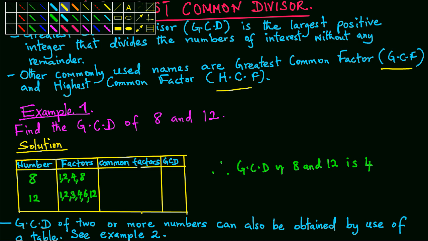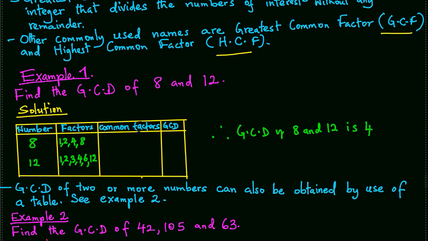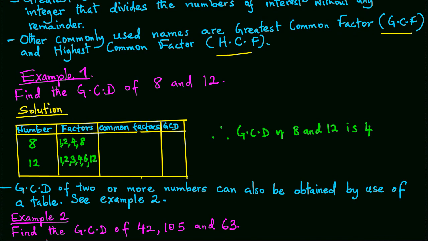Let us look at our first example, where we are required to find the GCD of 8 and 12. So the solution is as follows. The method we are using here is listing the factors.